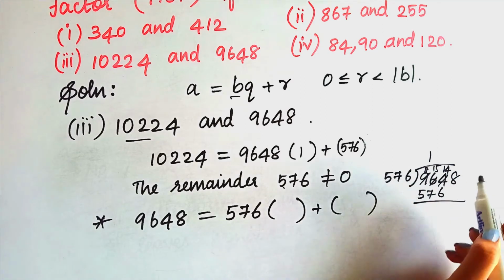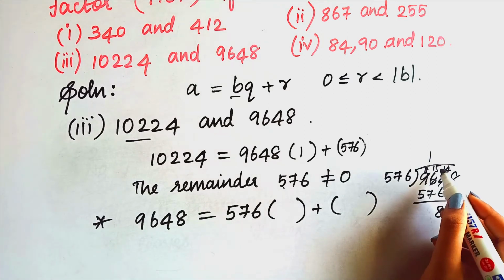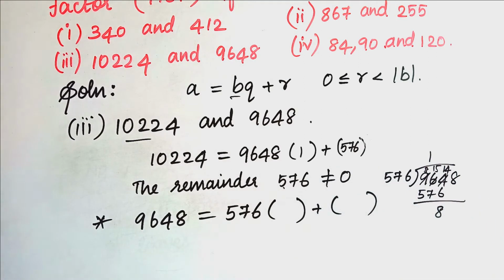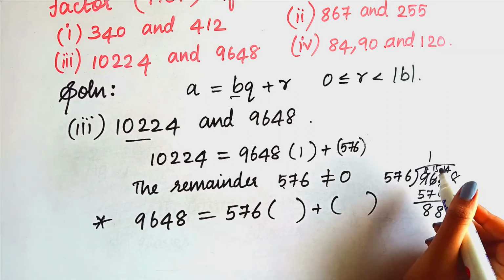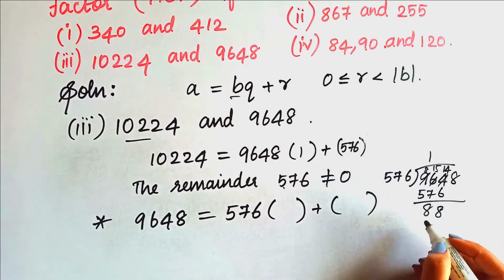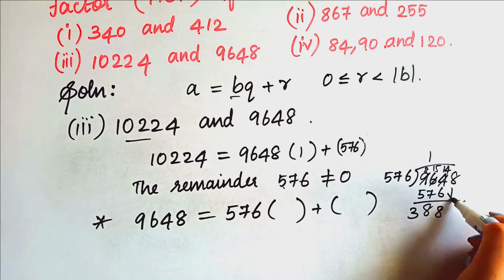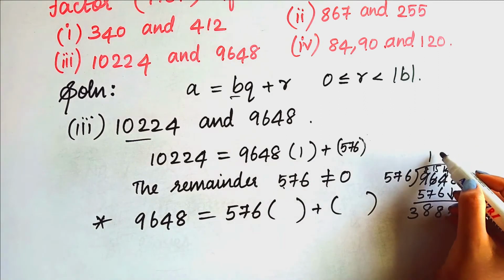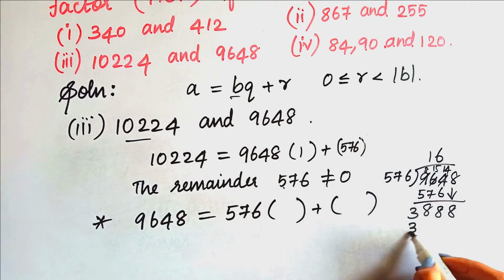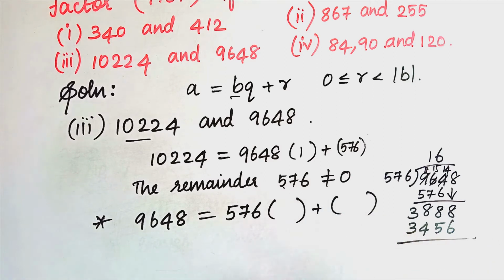So 6 minus 14 we'll get an answer 8 here, and then 7 minus 15 we'll get an answer 8, and then 8 minus 5 will get an answer 3 here, right? So now here there is another 8, right, which is excess. Now I'm substituting here. So 576, 6 we'll get an answer 3, 4, 5 and 6. So we'll get an answer like this.